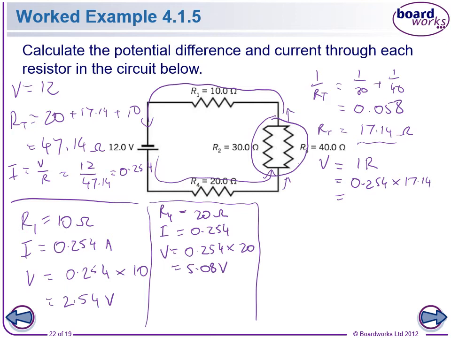Okay, so V equals IR, 0.254 times 17.14 is going to equal 4.35 volts.